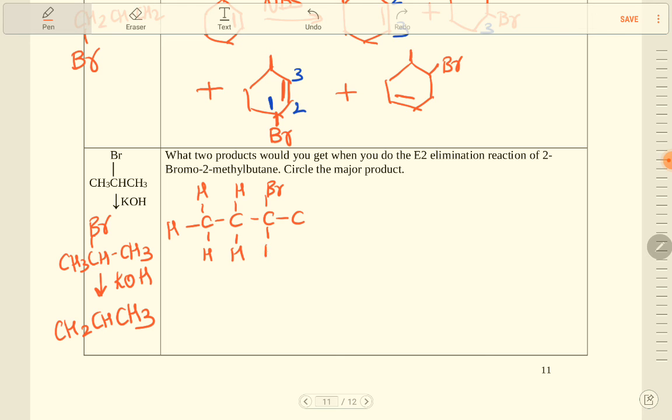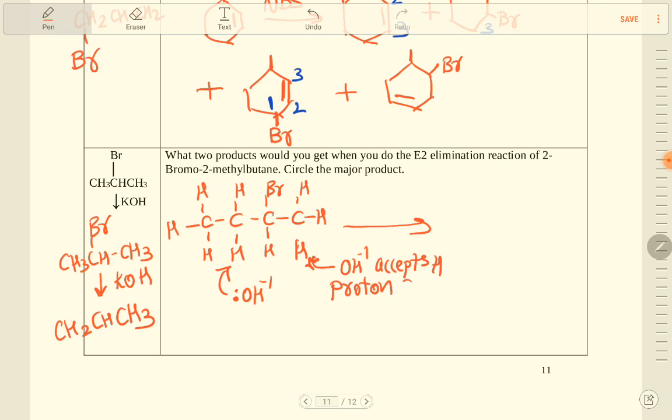All right. And in that one, this is OH minus, and OH minus accepts the proton. Remember, it's E2 elimination. It accepts H, a proton acceptor, basically, that you know.